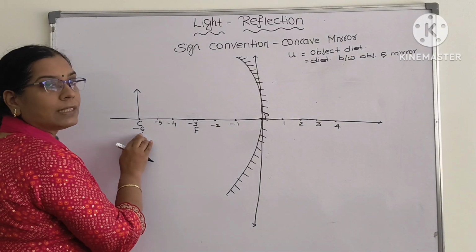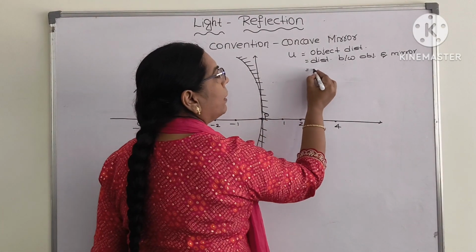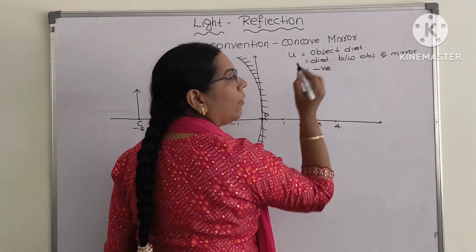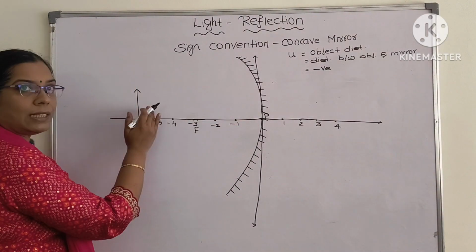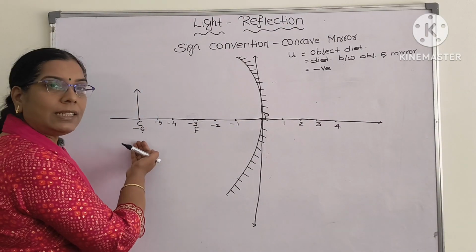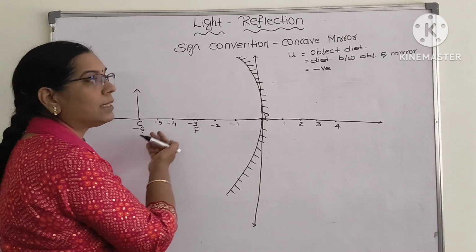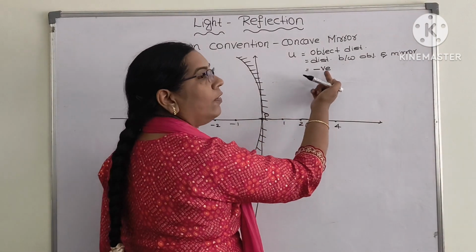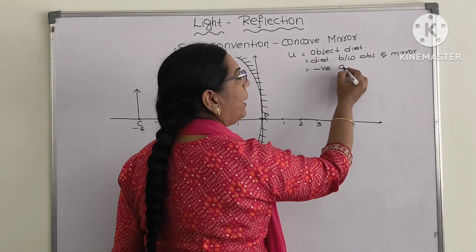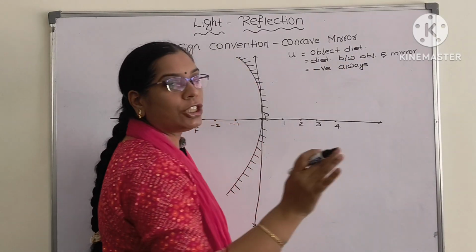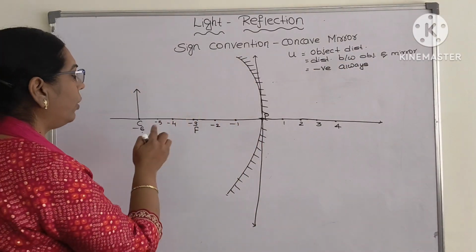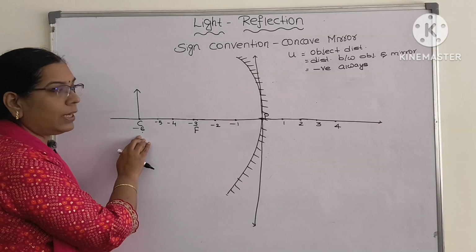It is at -6, at a distance of 6 centimeters. Since it is on the negative x-axis, u will always have a negative sign. Whatever the condition, you will always have a negative sign.